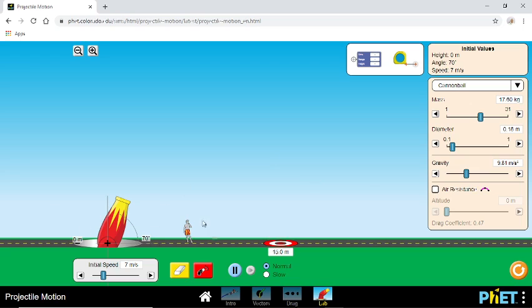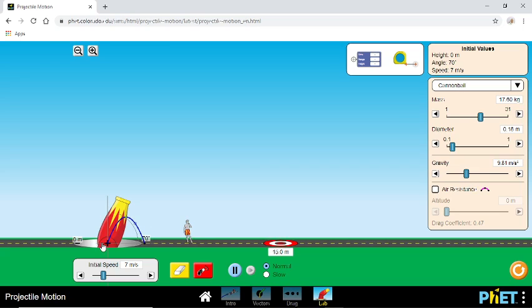So after we set it up, we can launch the cannonball, and we take this to know the maximum height. The maximum height is 2.2 meters, and the range is 3.21 meters, but at this point the range is half of the full range, so we cannot take this, we can only take the maximum height.